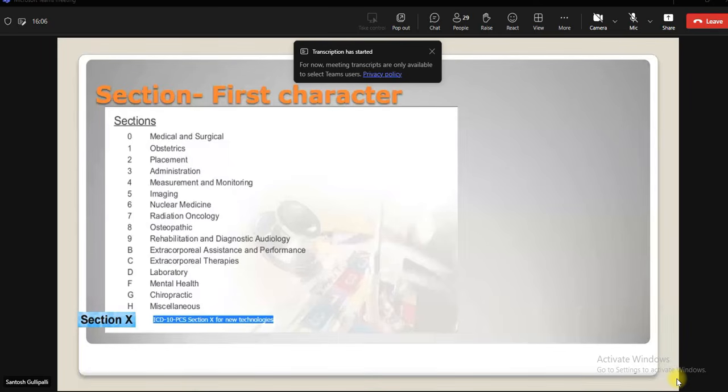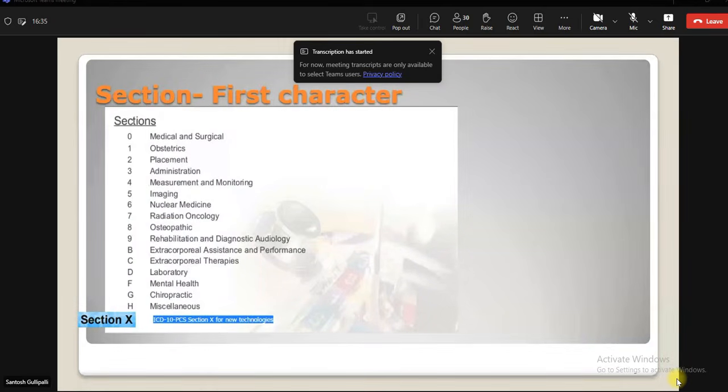The next character 2 is placement section. 3 is administration, 4 is measurement and monitoring, 5 is imaging section, 6 is nuclear medicine, 7 is radiation oncology, 8 is osteopathic, 9 is rehabilitation and diagnostic audiology.